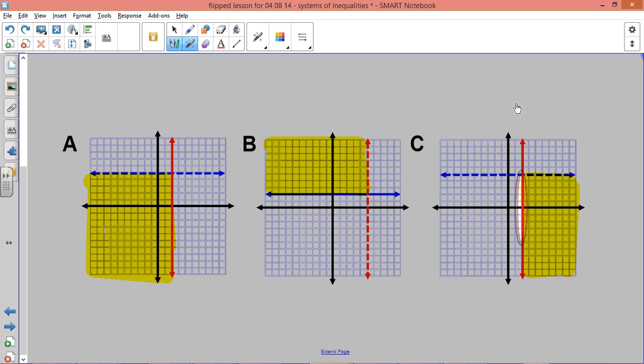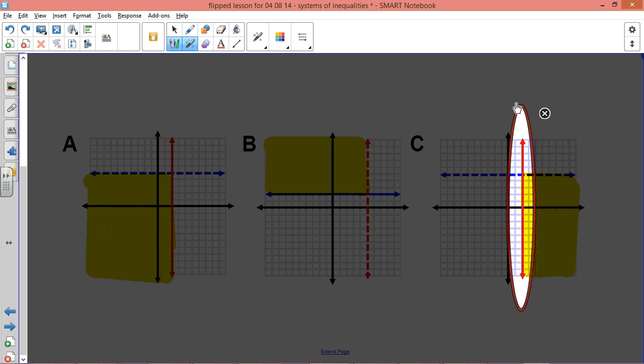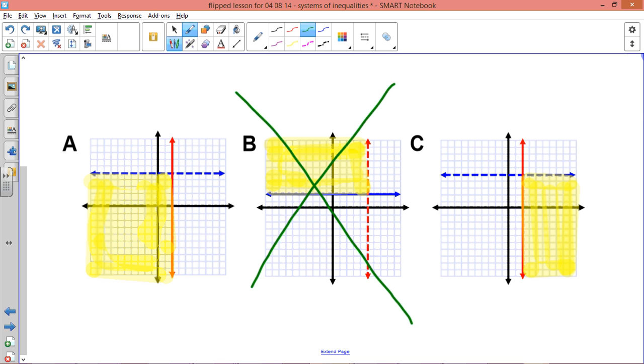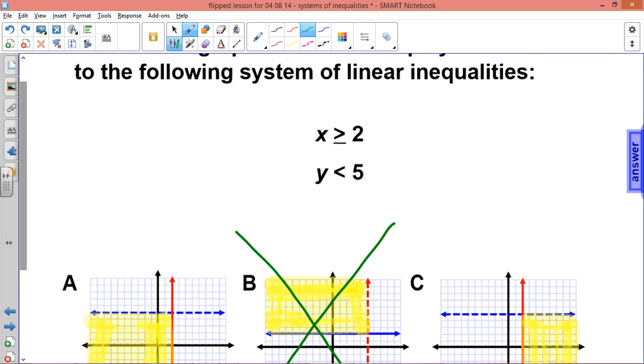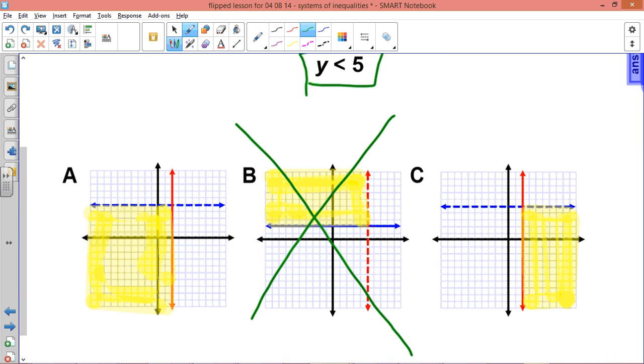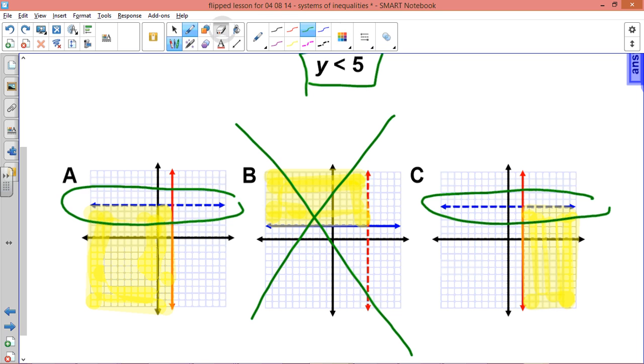Vertical line, solid, at x equals 2. So it's going to be either A or C. I know B is not a possibility. Let's look at my next one. Y is less than 5. So I need a horizontal line at y equals 5, and it needs to be dotted. Well, there's one there. There's one there. They're both the same, so again, I can't rule anything out.